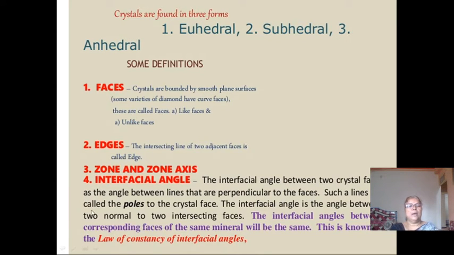Such lines are called poles to the crystal face. The interfacial angle is the angle between two normals to two intersecting faces. The interfacial angle between corresponding faces of the same mineral will be the same. This is known as the law of constancy of interfacial angle.